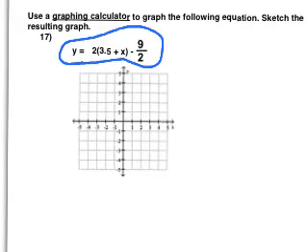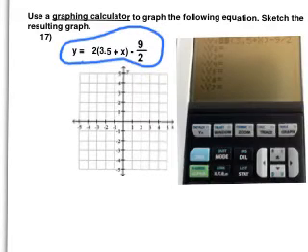And then you go to the y equals button. Okay, this is the y equals button here. You push that and you'll come to this screen with all these y's. You put in your equation right here. That's a 2 there, but you can't see it because it's darkened by the cursor.